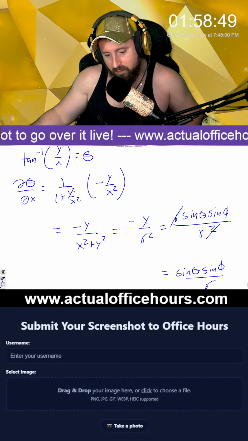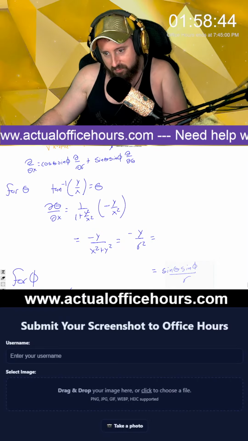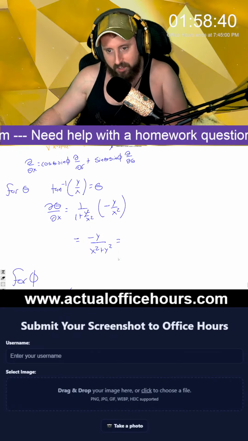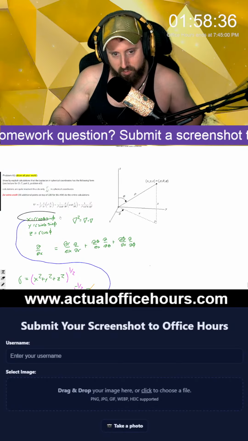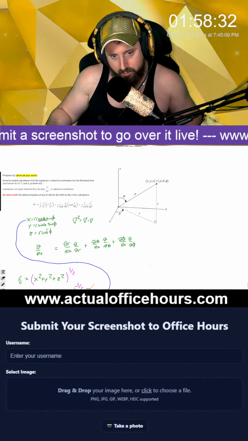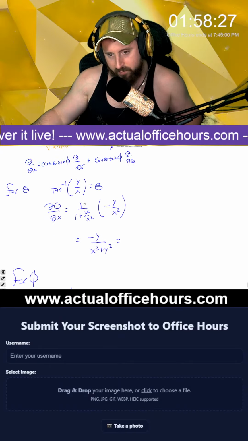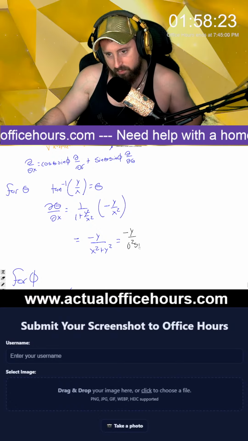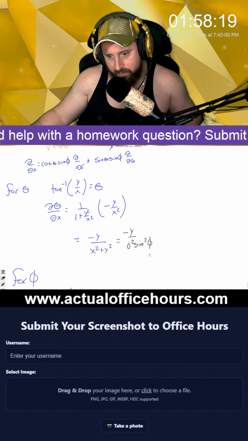But then if you use the expressions from the x and y, x squared plus y squared, you still get a cosine squared sine squared phi. So it would just be r squared sine squared phi, right? So negative y over r squared sine squared phi, and then y is equal to r sine theta sine phi.